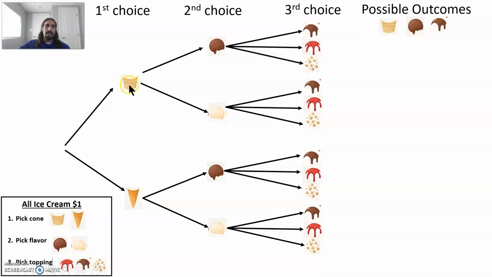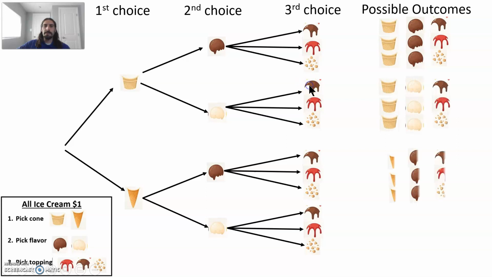I could have picked the same cone, the same chocolate ice cream, but strawberry sauce, in which case this is a possible outcome. Similarly, same cone, same ice cream, but now I picked nuts for my topping, and I have this as a possible outcome. And you can follow those branches going across for all of your other flavors, filling in the possible outcomes.